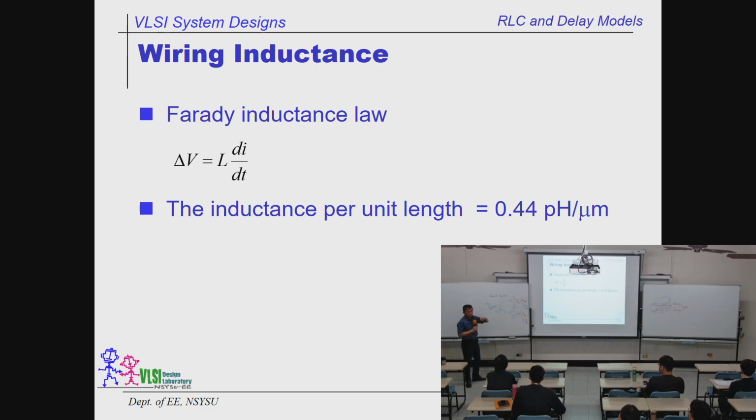But microhenry or millihenry, that's 10 to the minus 6 and 10 to the minus 3, and you times the current, and delta V will be very, very large. Sometimes it will be as large as around 0.3 to 0.5 volts. That could kill your signal.